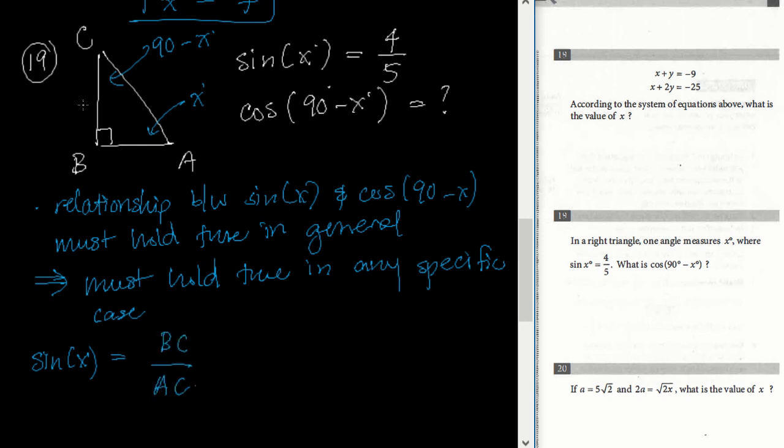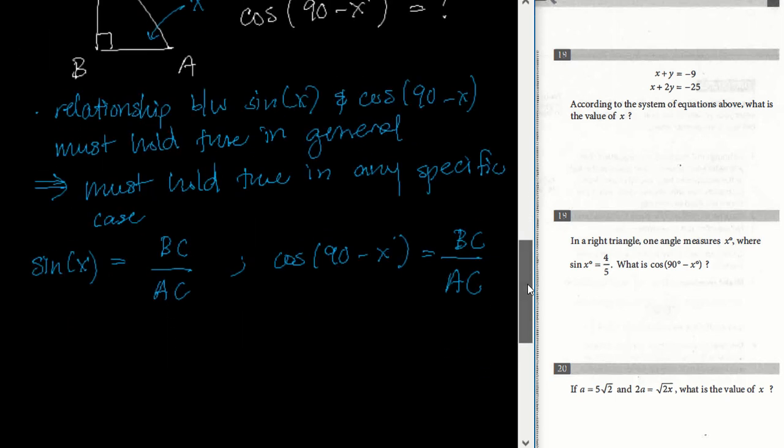It's opposite over hypotenuse. And now cosine of 90 minus x is going to be adjacent over hypotenuse. So in this case, the adjacent side is BC, and the hypotenuse remains AC. So you see that they're the same thing.